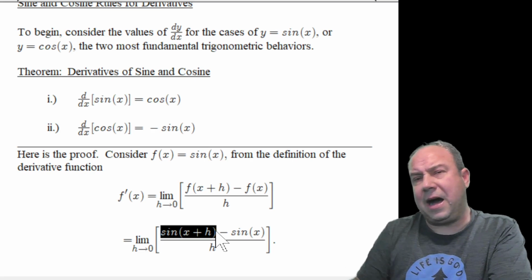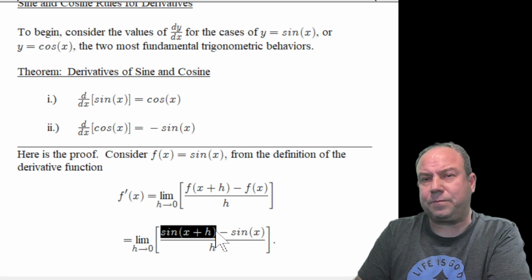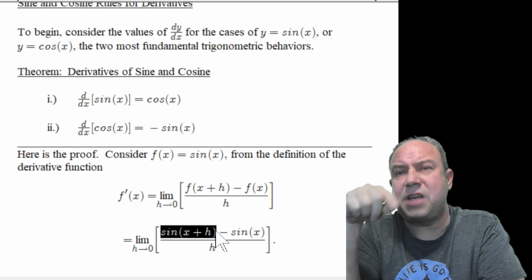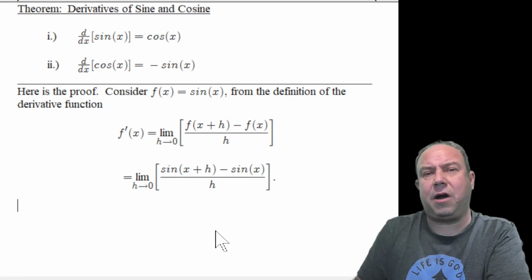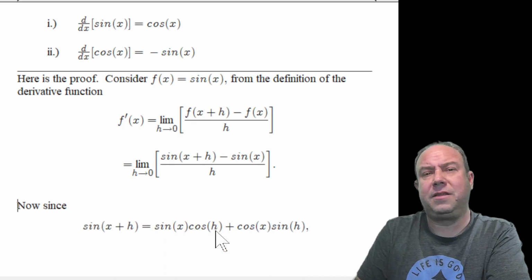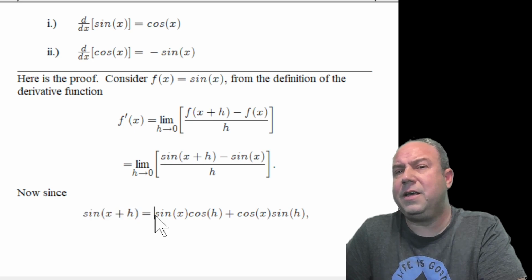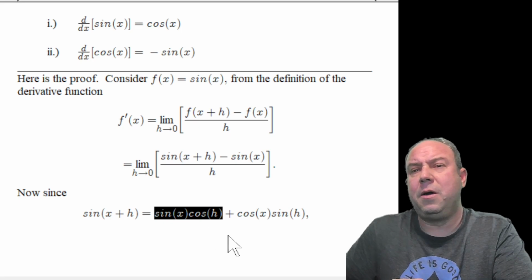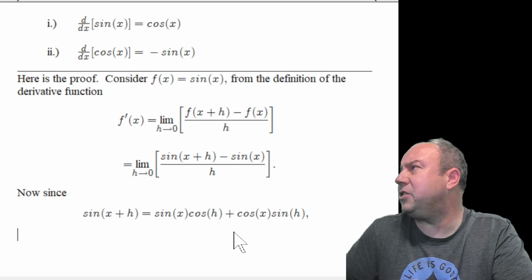If you go back to your trigonometry and recall, we have there the sine for the sum of two angles, the angle x and the angle h. And recall from trigonometry, the sine of x plus h can be thought of as the sine of x times the cosine of h plus the cosine of x times the sine of h.